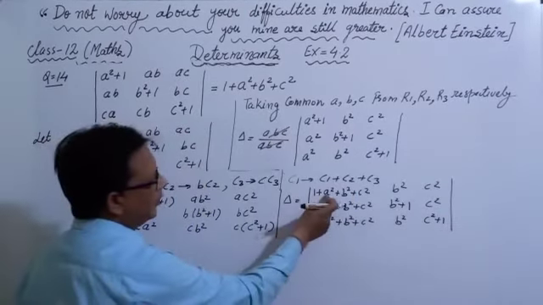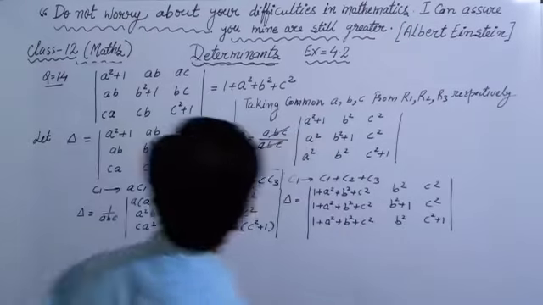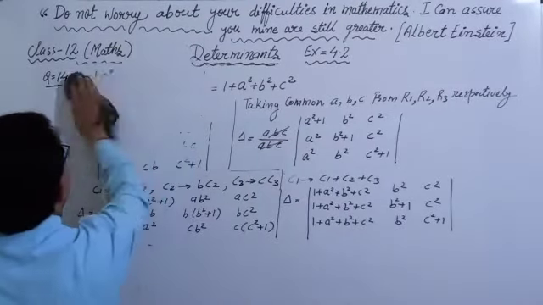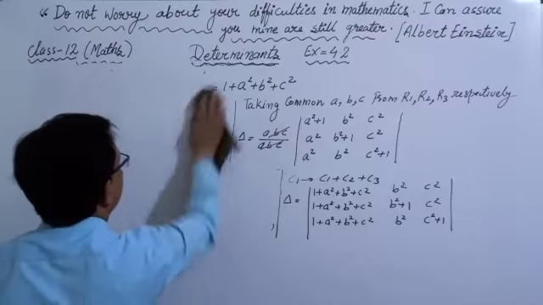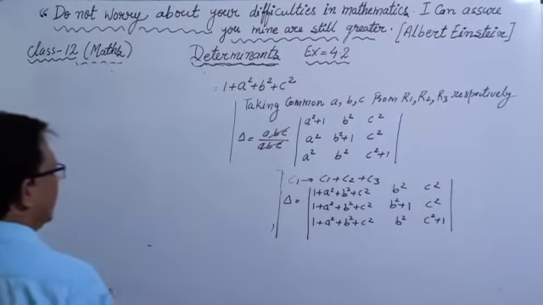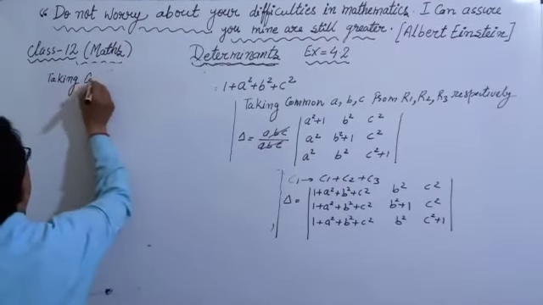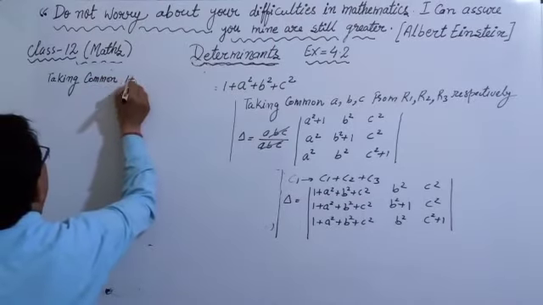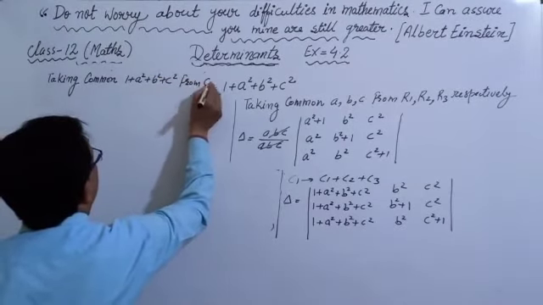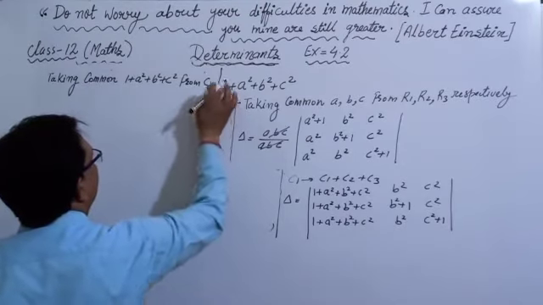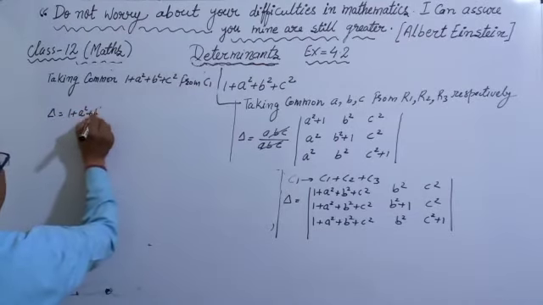Now taking 1 plus a square plus b square plus c square common from C1, we get delta is equal to 1 plus a square plus b square plus c square.